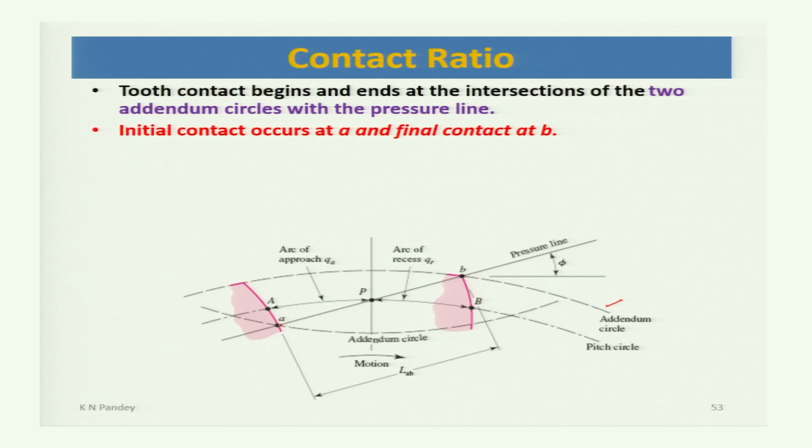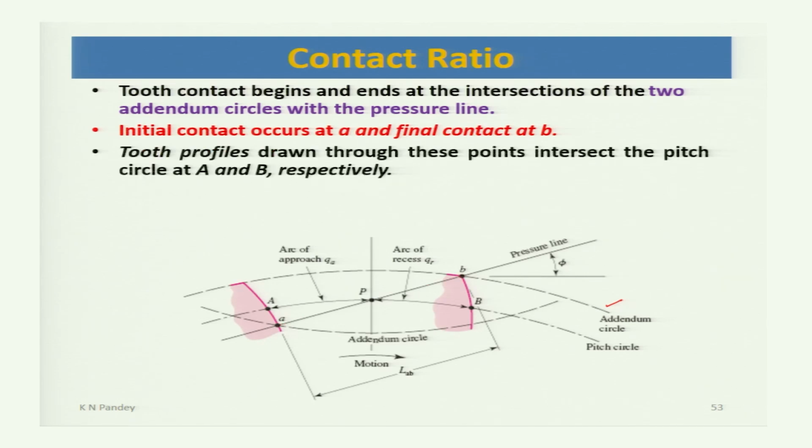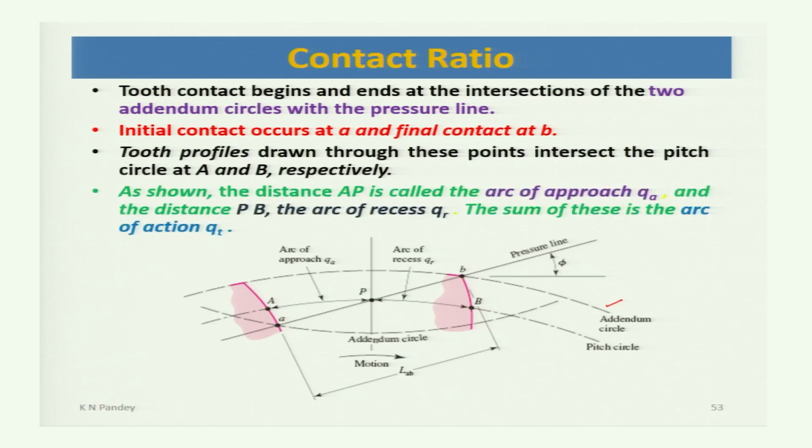The initial contact occurs at a and the final contact at b. Tooth profiles drawn through these points intersect the pitch circle at A and B. So, from a, a gear tooth profile is made, and this profile intersects the pitch circle at capital A, and a gear tooth profile drawn from small b, the end of contact point, intersects the pitch circle at capital B. The circular distance from capital A to the pitch point P is the arc of approach Qa, and the circular distance along the pitch circle from capital B to P is called the arc of recess Qr.